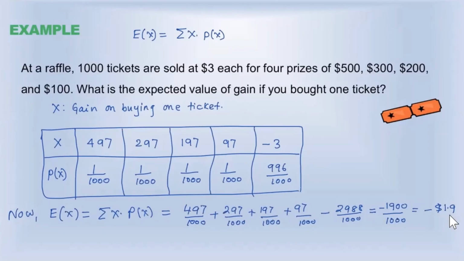So let's write that. There is expected loss of $1.90 by buying one ticket.